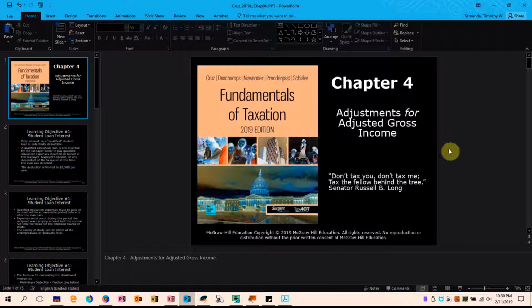And so these deductions are important because, as I mentioned, they will determine to some extent the amount of your adjusted gross income, which is an important number in individual taxation, because that AGI number will impact whether or not the taxpayer qualifies for subsequent itemized deductions as well as certain credits. So we want the AGI number to be as low as possible, and what we'll be talking about in this chapter are some of those deductions that help to reduce adjusted gross income.